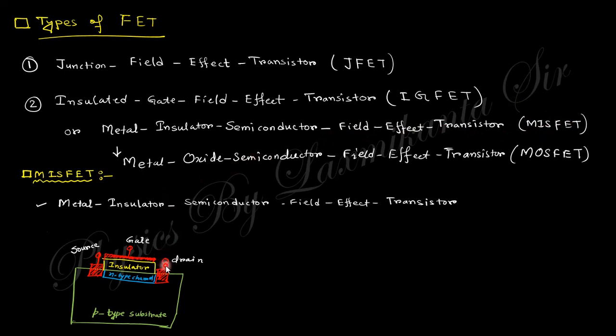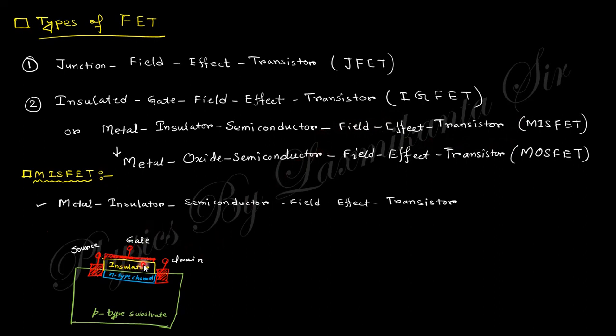That means the structure is metal, then insulator, and then semiconductor. One type of MISFET is the MOSFET, metal oxide semiconductor. This oxide behaves as an insulator, so the MOSFET is nothing but one type of MISFET.